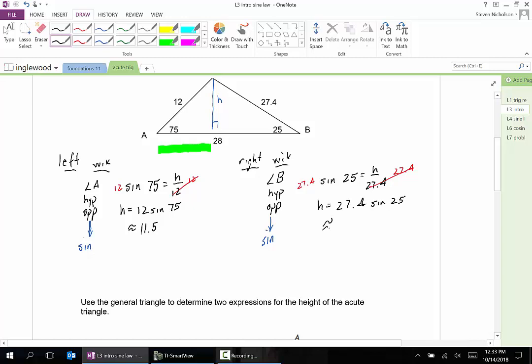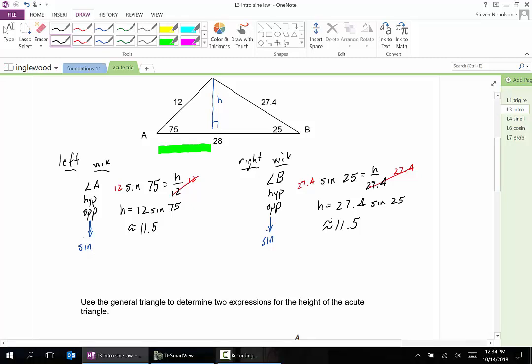And again, if you plugged that into your calculator, you'd get 11.5 as well. So again, what I want you to recognize is we used grade 10 math, and it really didn't matter which side of this acute triangle we looked at once we made a 90 degree angle. The answer was the same, and that should physically make sense.